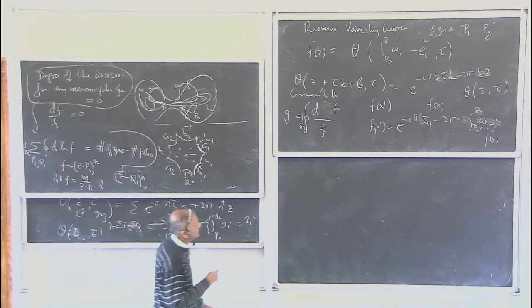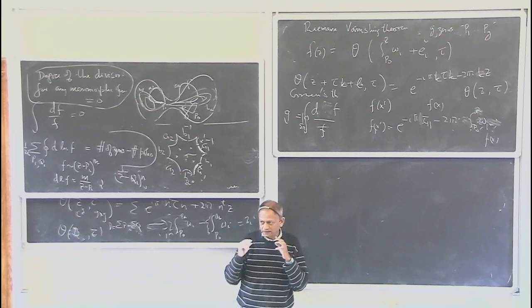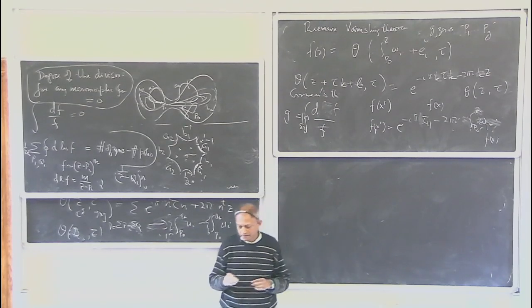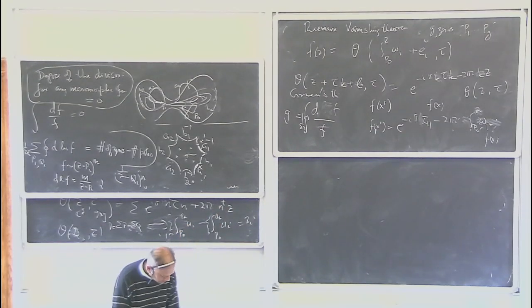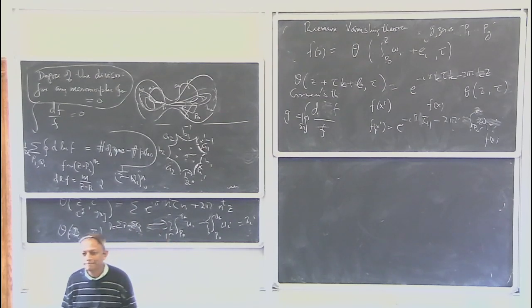Yeah, that is a crucial ingredient for a correlation function, propagators and so on. I mean, these are called theta divisors. It's related to theta divisors.